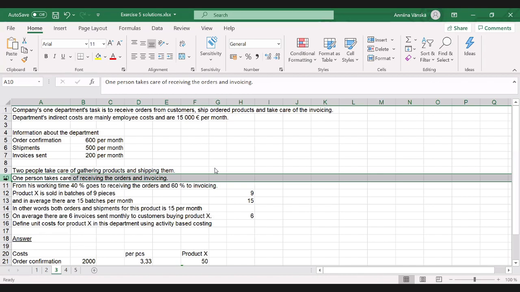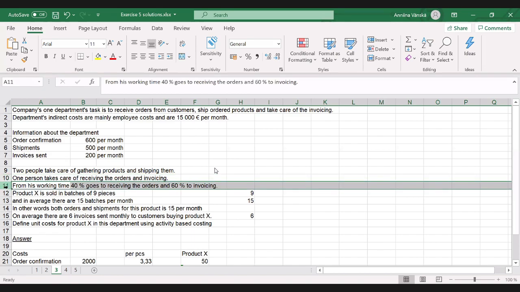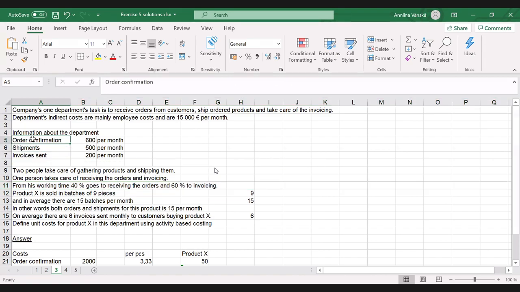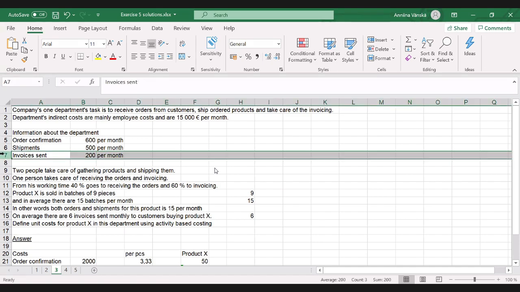Yeah, I understand that 3 people are working here, but I don't know why we divide it by 3. In order to understand, for example, what is the cost of receiving the orders or invoicing, because we have these 3 activities in the department, and in order to calculate the price of, for example, invoices sent, the only way is to calculate it.